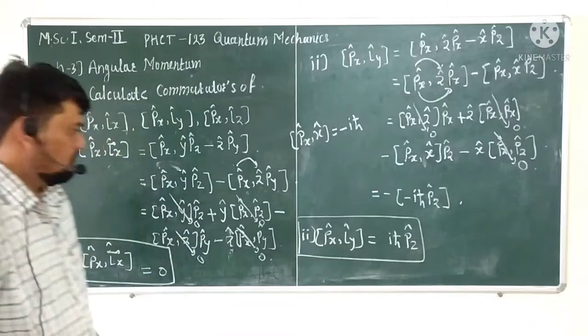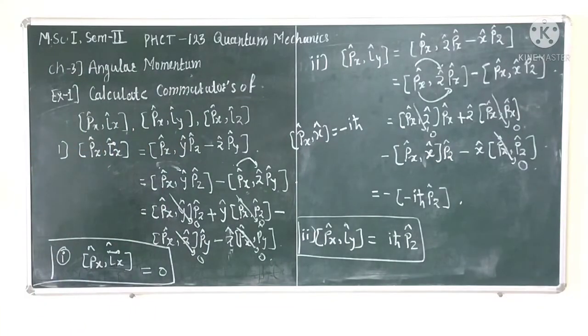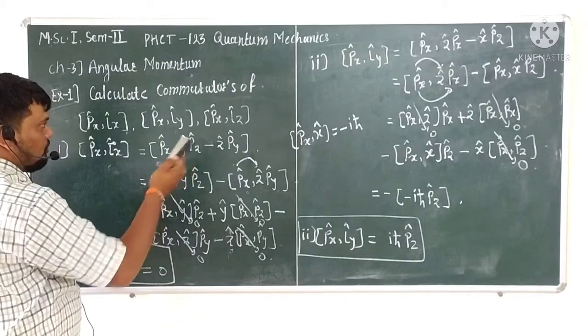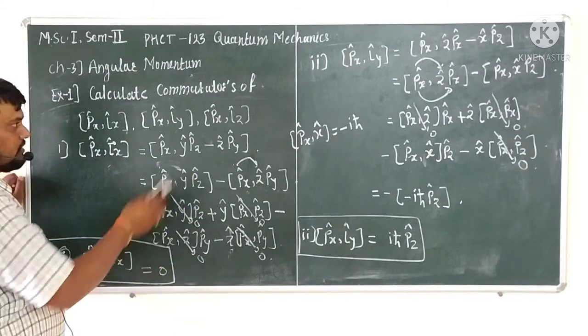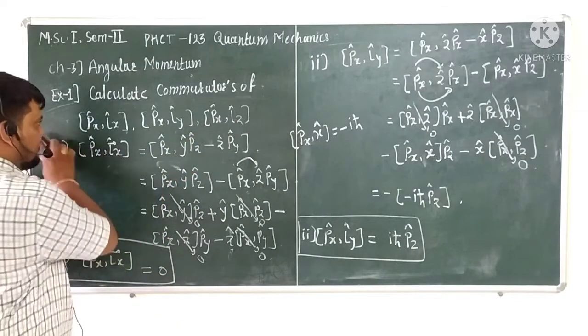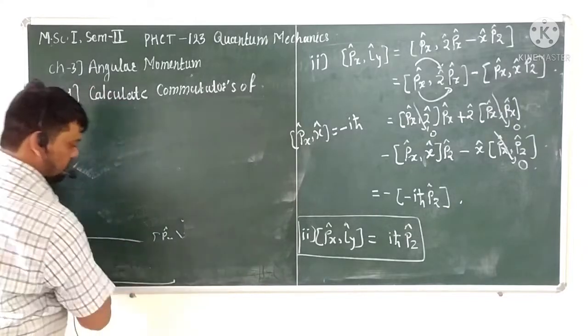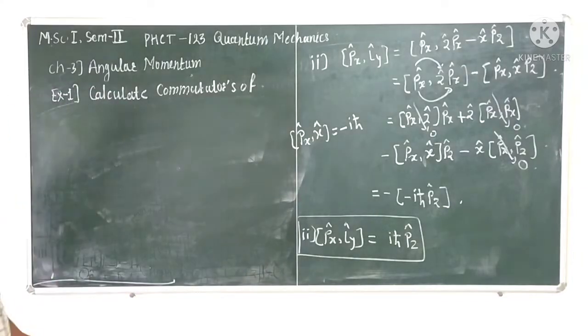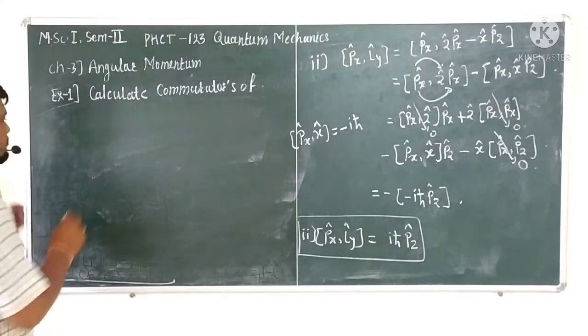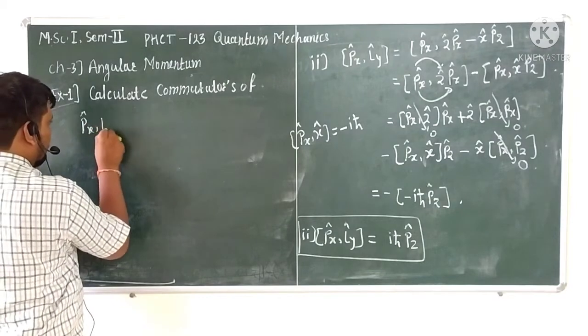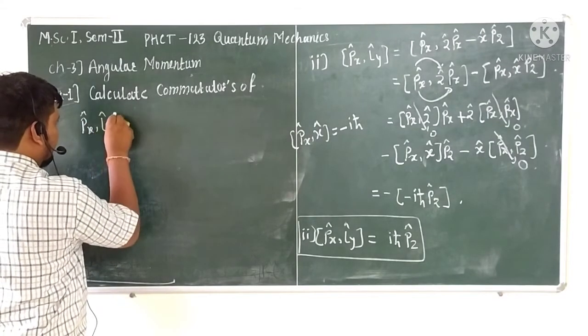Okay, now the next property we want to see here, that is the commutator algebra of px with lz: [px, lz]. We will see here how it is solved. So next one is [px, lz].